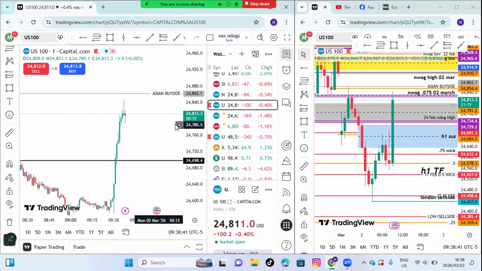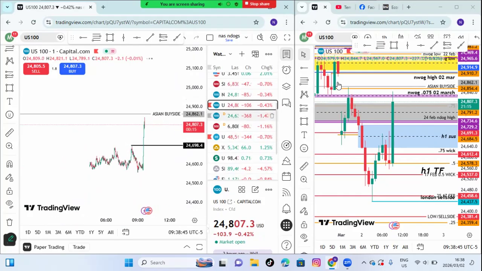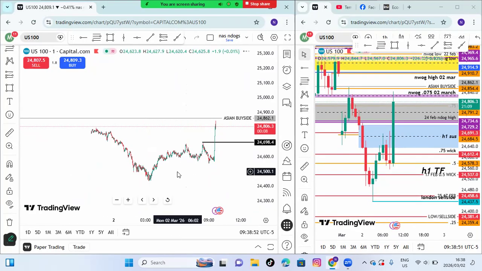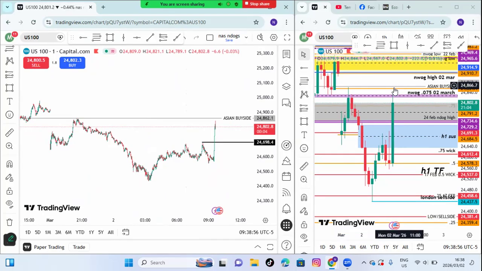Just let it get there, then let's see if it's gonna give us anything to sell. Not begging for it to get there. If it just goes up, takes out this, that'll be enough.